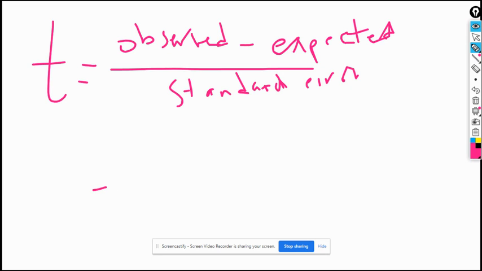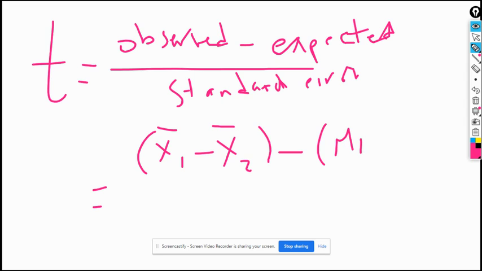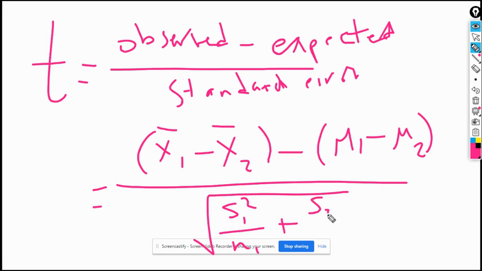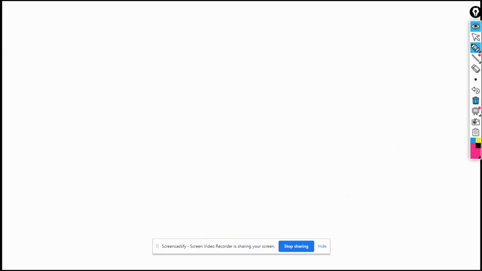In another way, with the symbols, it's x average 1 minus average 2 minus (mu1 minus mu2) divided by the square root of variance 1 divided by n1 plus variance 2 divided by n2. That's how to calculate the t-value.